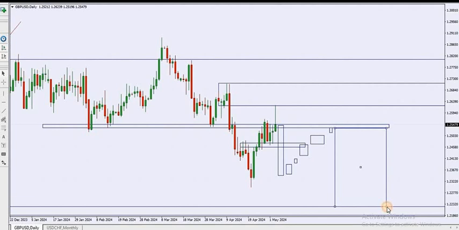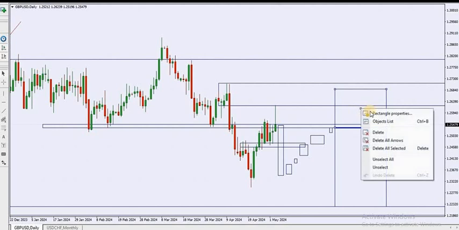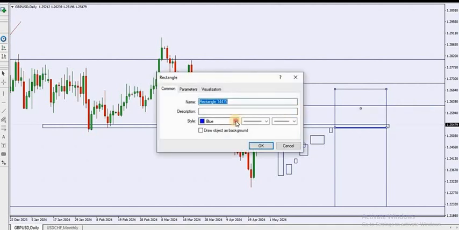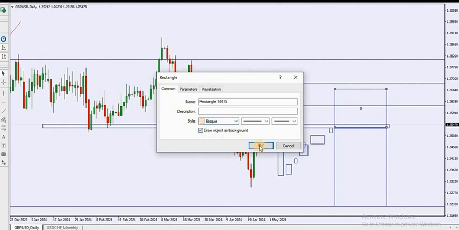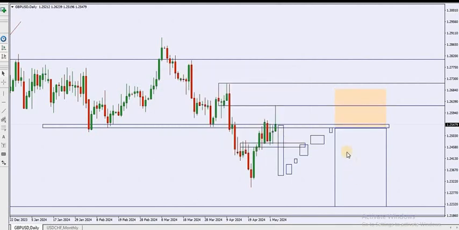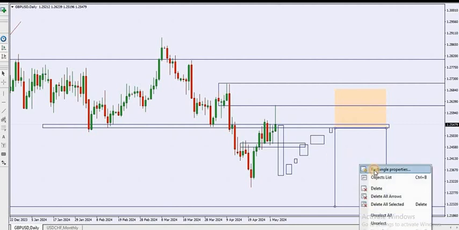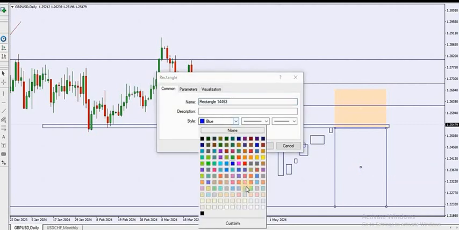Our target rather is going to be 300 pips or 310. Then our risk is going to be half of that, which is 150. This is it. So if we color this one now to be this and we fill it, that's our risk, while our target is going to be this.